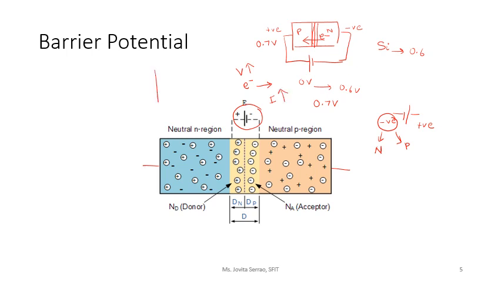This creates something known as the VI characteristic. So if I have voltage on the x-axis and current on the y-axis, till 0.6 volts I am not getting any current. But once it crosses 0.7, as voltage increases, the current increases.